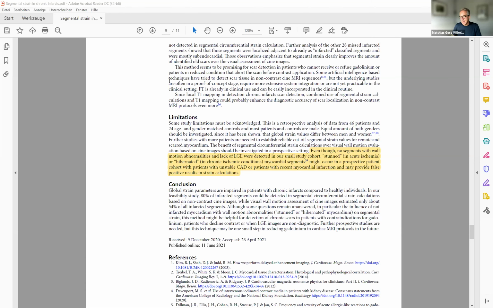Well, thank you very much for the very nice presentation, and you have been very modest. I think modesty is always good in science, but certainly there's also a lot of potential in this. Maybe, as you mentioned, the specificity to ischemic scars may be difficult, because if you have infiltration, by chance it may resemble an ischemic injury.